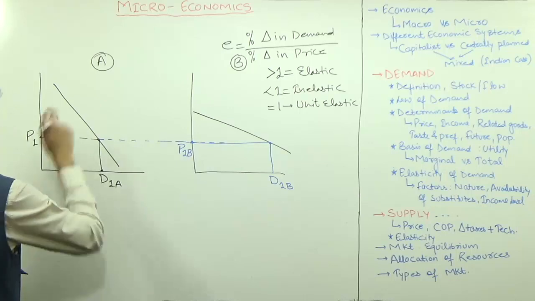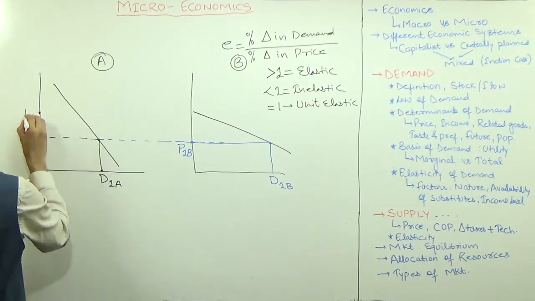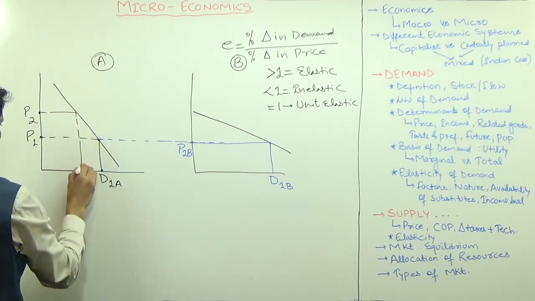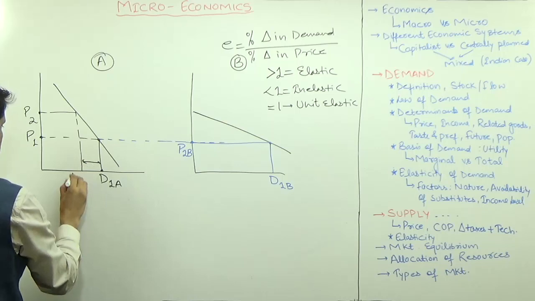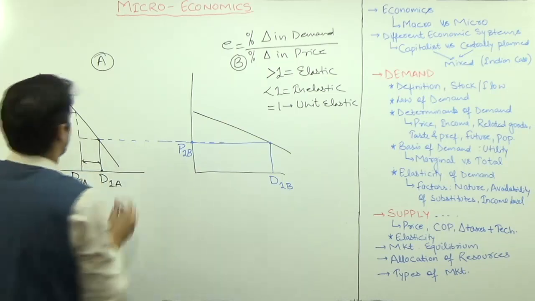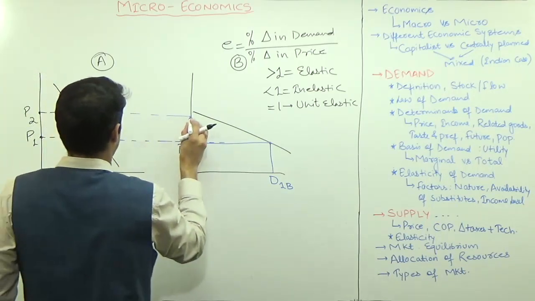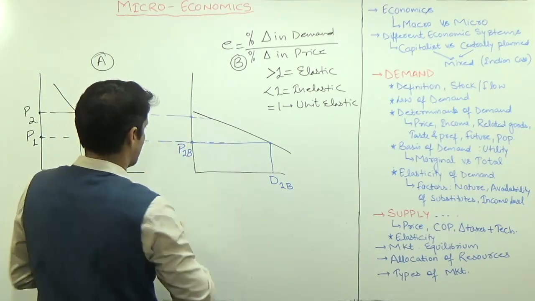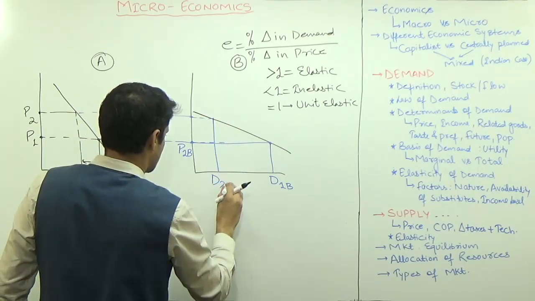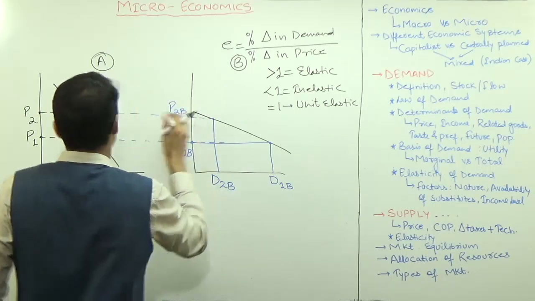Suppose the price increases and this is the new price P2, and this is the new demand D2A. Similarly, this is the new demand D2B and this is the new price P2B.